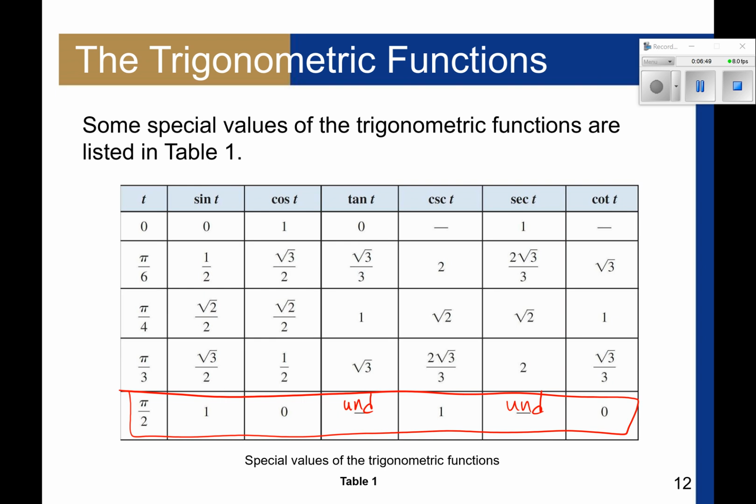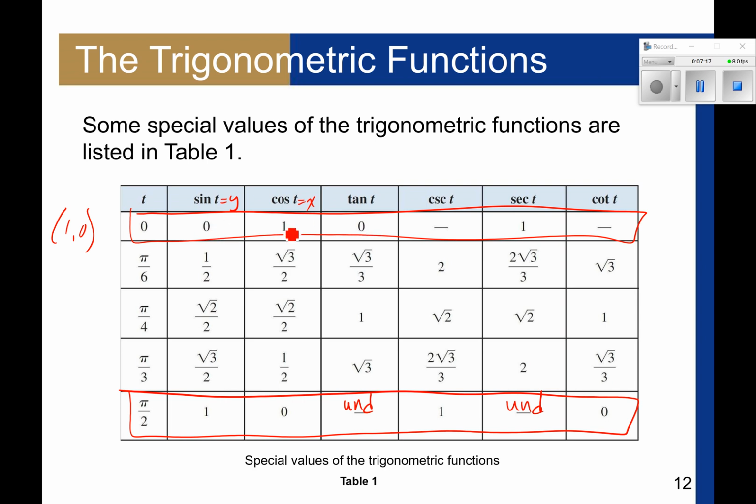And then once you do that, then you can come back up to the top. Again, that's the point 1, 0. So our x coordinate is cosine, that's 1. The y coordinate is sine, that's 0.